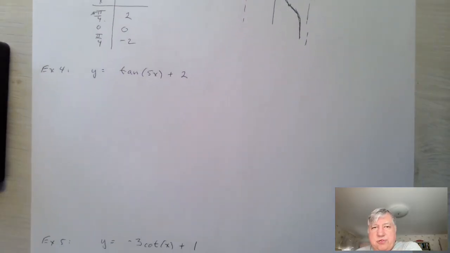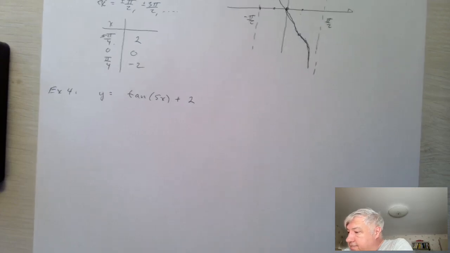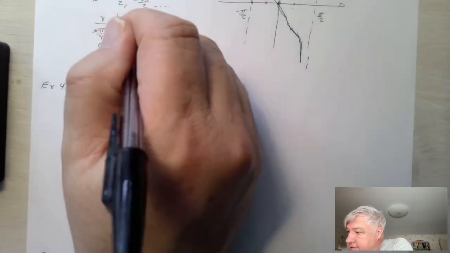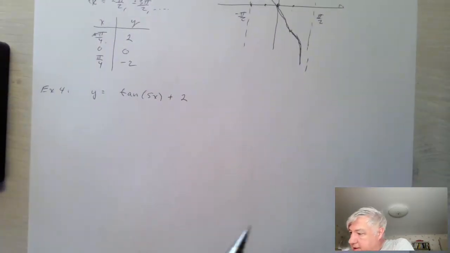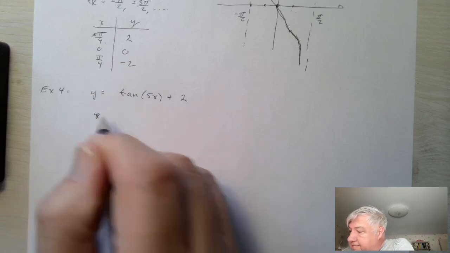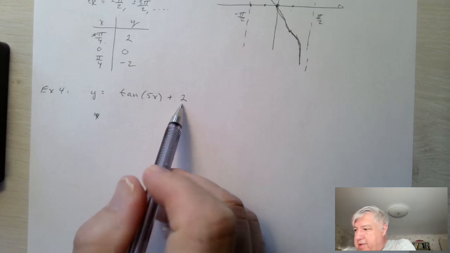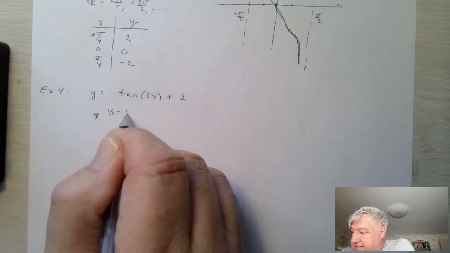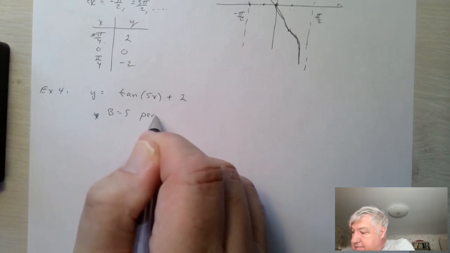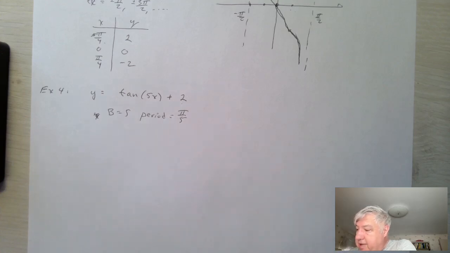About the tangent of 5x plus 2, okay, we'll worry about this 2 in a moment. The b is going to be 5. So the period is pi over 5. Okay.